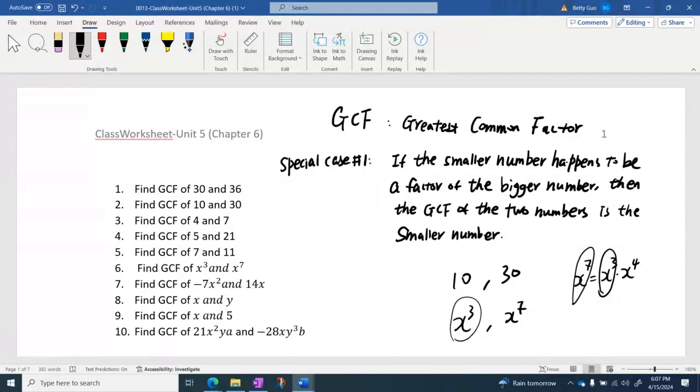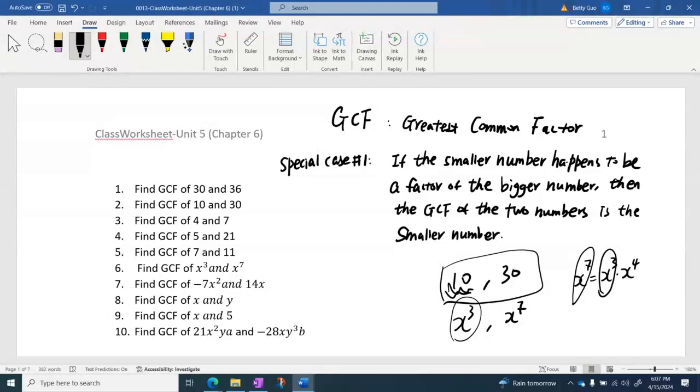Let me repeat that, okay? If we have 10 and 30, two different numbers, then one is smaller, the other is bigger. If the smaller number happens to be a factor of the bigger number, and the bigger number is a multiple of the smaller number, then the GCF would be the smaller number.